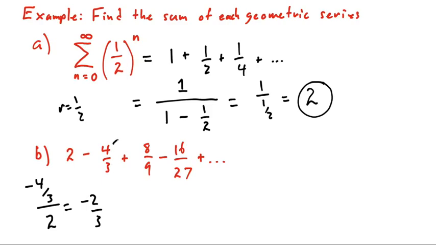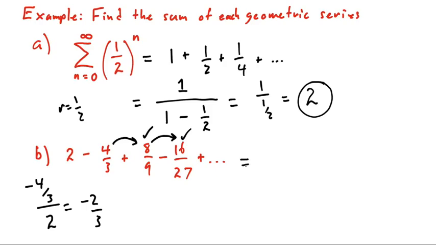Let's check to see that we have the same ratio between the next couple of terms. Multiply -4/3 by -2/3, and we have +8/9, which is the third term. Multiply 8/9 by -2/3, and we have 8 times -2, -16, 9 times 3, 27. Yes, indeed, the constant ratio here is -2/3.